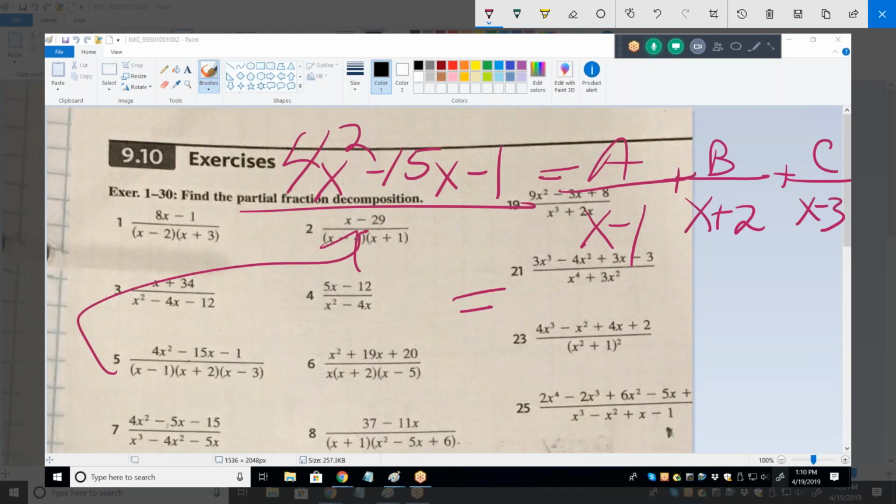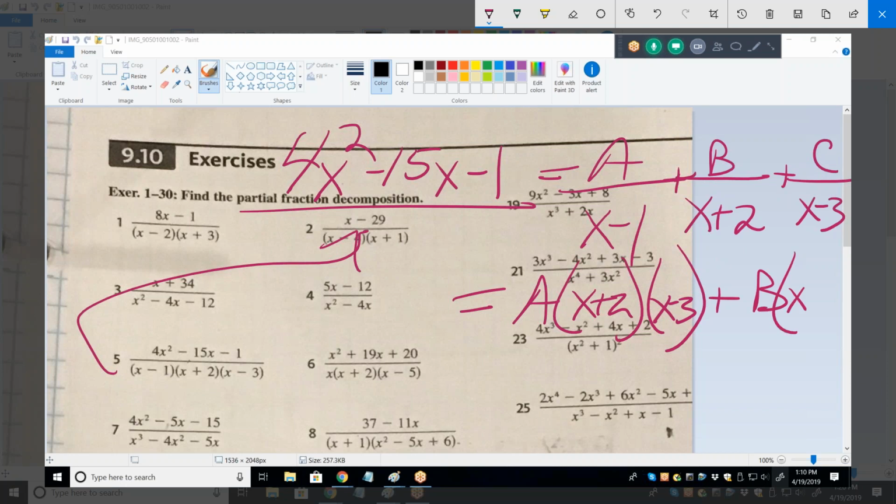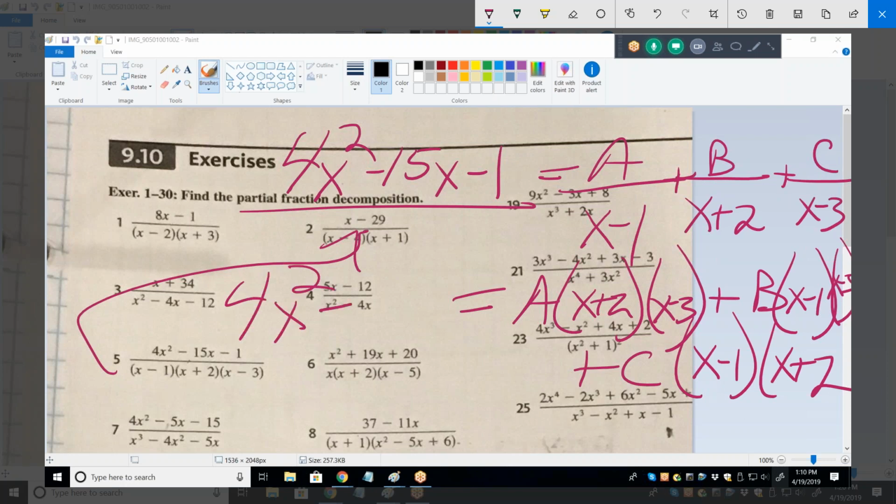So that is A times x plus 2 times x minus 3, plus B times x minus 1 times x minus 3, plus C times x minus 1 times x plus 2, and that is all equal to 4x squared minus 15x minus 1. Good.